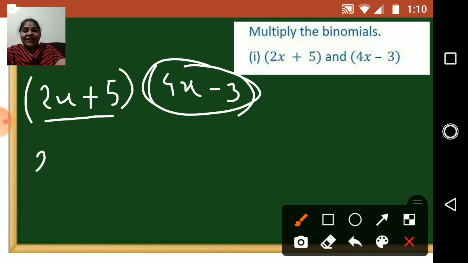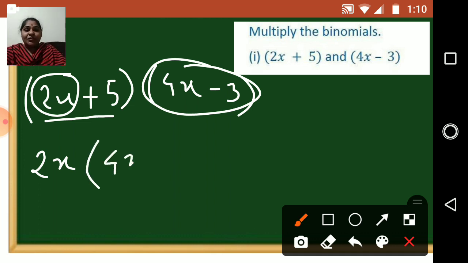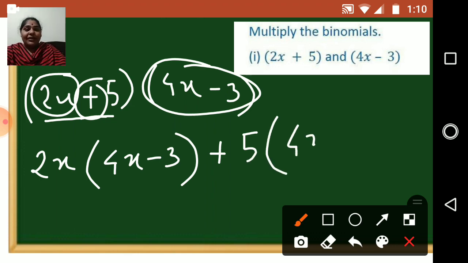So let us begin. 2x, that is the first term, multiplied by the next expression, that is 4x minus 3, plus, because here it is given plus, 5 multiplied by 4x minus 3. I hope this is clear.